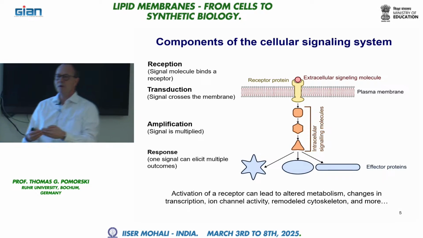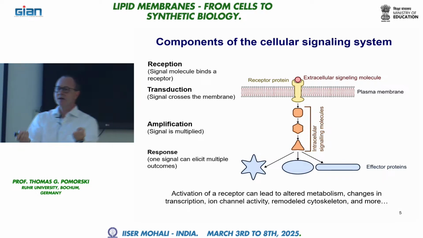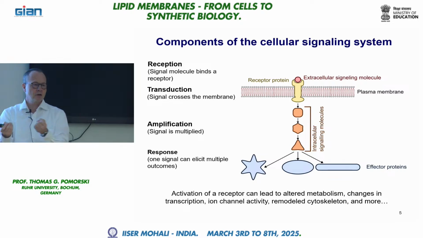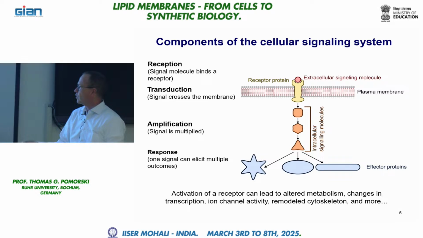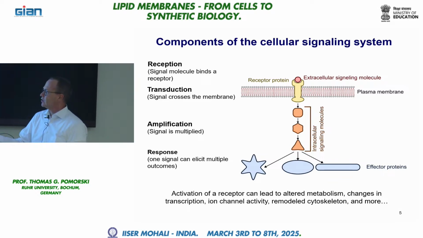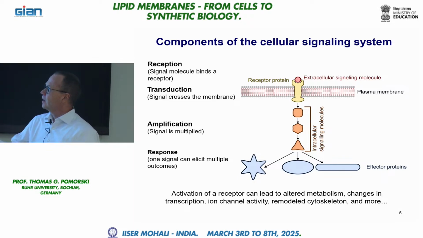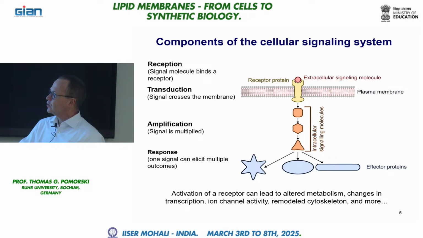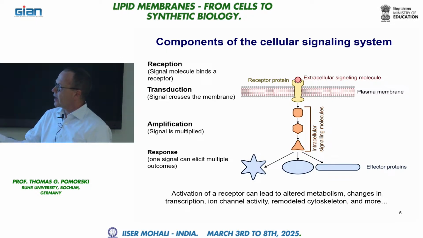Or it could be a protein of the cytoskeleton that will change the arrangement and the shape of the cell. We call these effector proteins, which change their activity depending on whether a signal has bound to the outside or not. And since you have this type of cascade, you have the possibility of an amplification. We will come to this a little bit later.